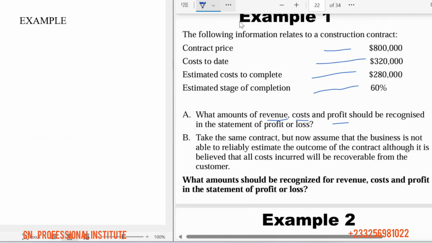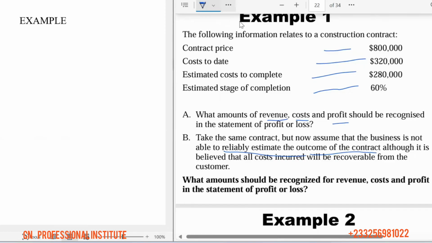And then B, take the same contract, but now assume that the business is not able to reliably estimate the outcome of the contract, although it is believed that all costs incurred will be recovered from the customer. What amount should be recognized for revenue, cost, and profit in the statement of profit or loss, right?